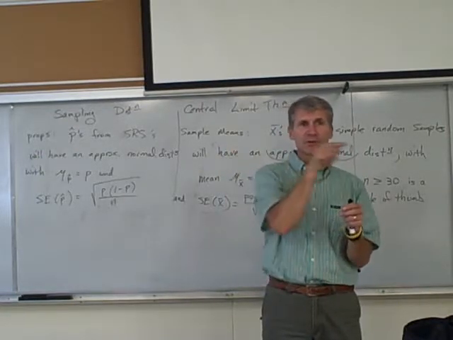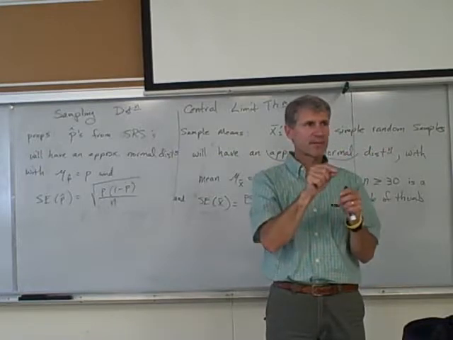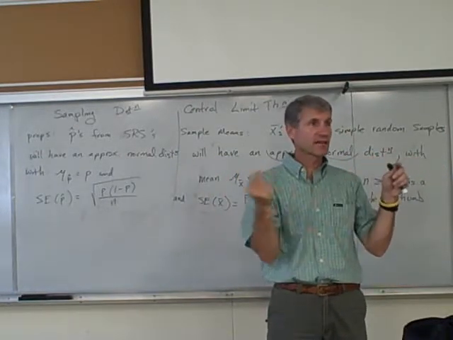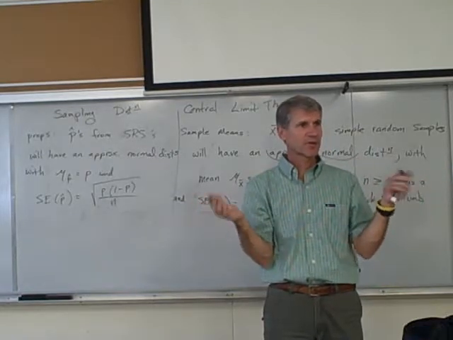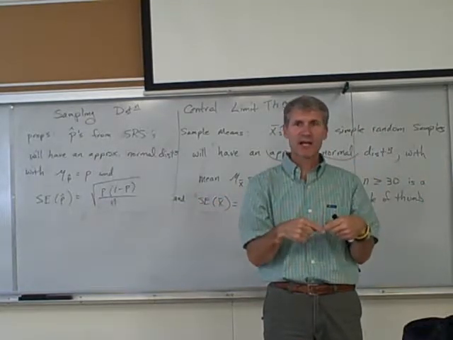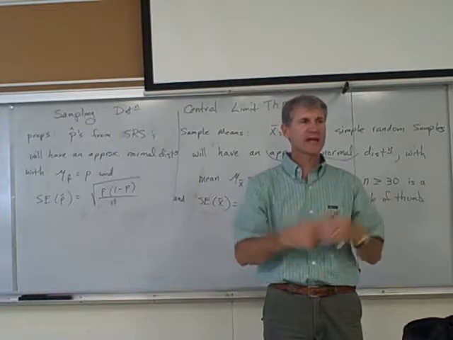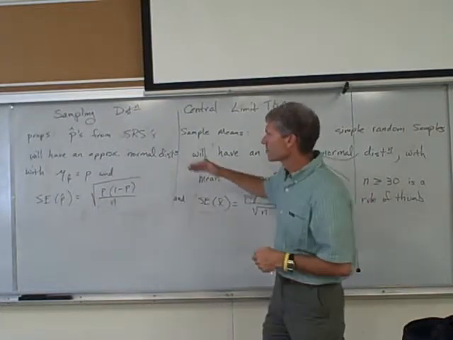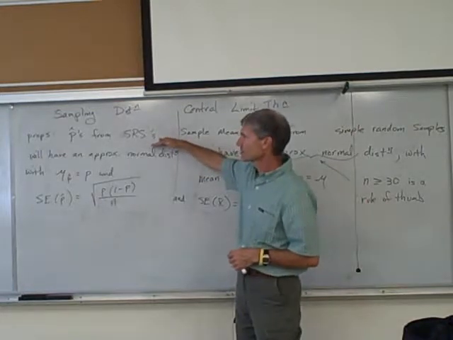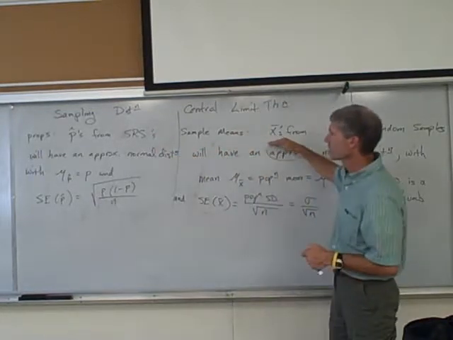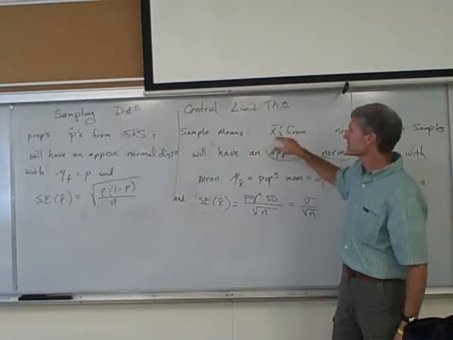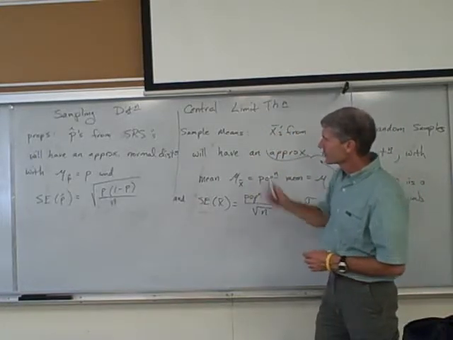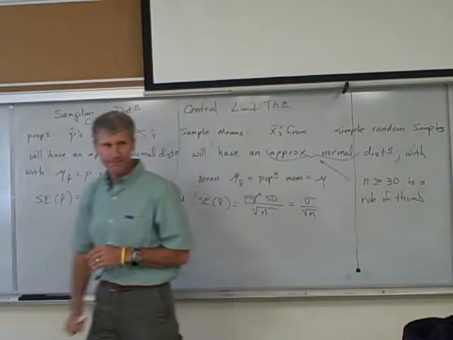Well, if I have zeros and ones and a 1 every time I had a success, then when I sum that, I just get the number of successes. So I get number of successes divided by n. Oh, that's p hat. So p hat is a sample mean. That's why the central limit theorem must apply to p hats just like it does to x bars, because p hats are actually sample means. Okay? So this is called the central limit theorem.